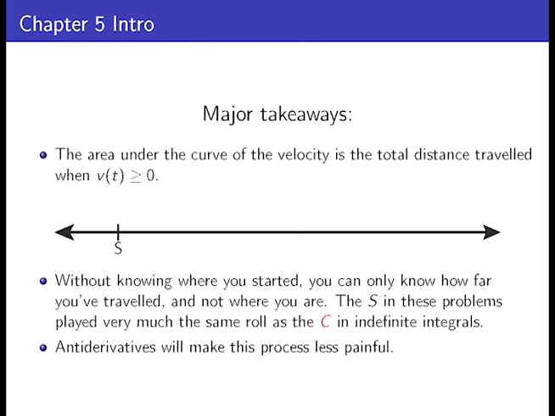But it also should highlight the fact that without knowing where you start, you don't actually know where you are. So in many ways, the starting point s was playing the same role that the plus c was playing in section 4.8. The last thing you need to know is that we don't always have to compute limits like we did in this video to find the definite integrals of functions. 5.4 will teach us a much quicker way to do it in general.